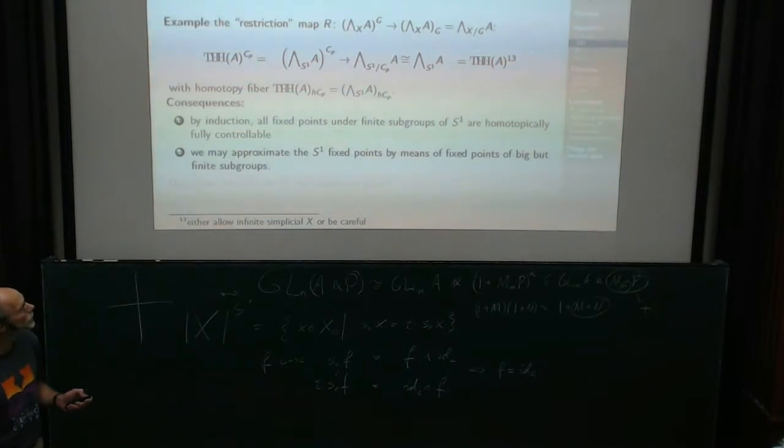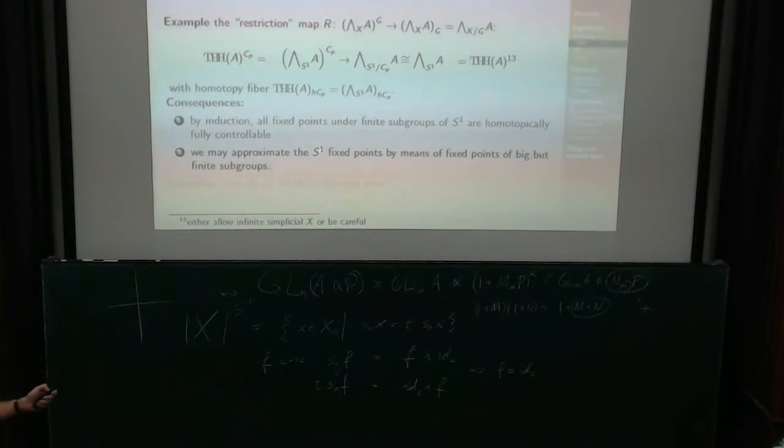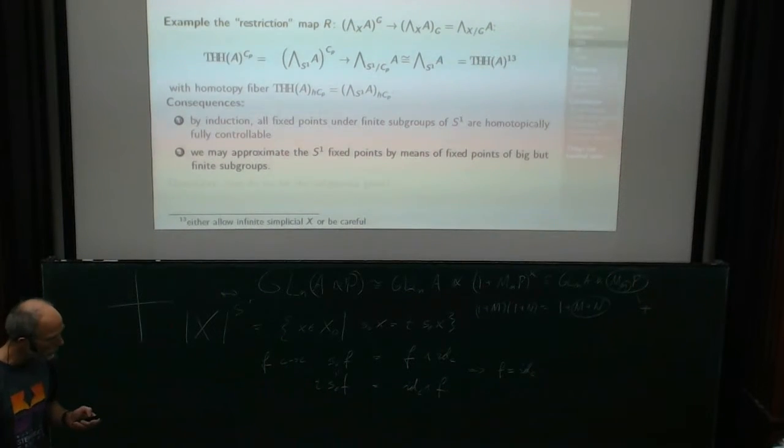So you may want to approximate taking the entire S^1 fixed points, not by the entire S^1, but by an enormous finite subgroup. And we know that these lie densely inside there, so oughtn't there to be some hope there?